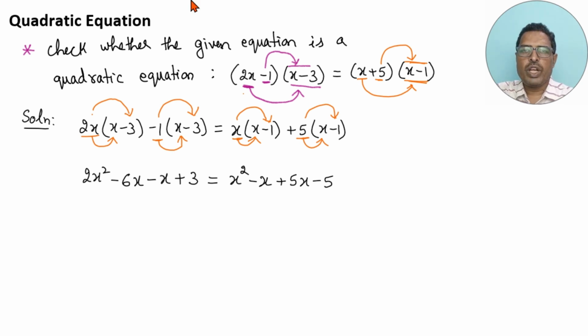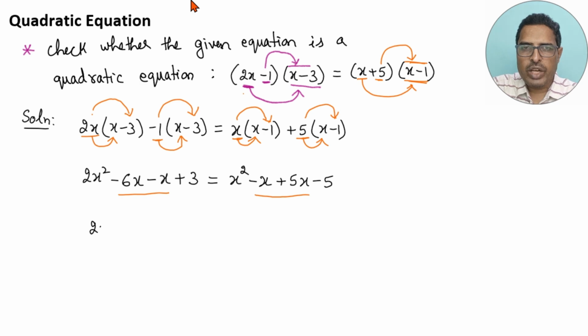So we have removed the entire brackets over here from the left hand side as well as from the right hand side. Now let us try to group the like terms over here. We can see over here the like terms are minus 6x and minus x. Similarly on the right hand side you have minus x and plus 5x. Let us try to group these like terms.